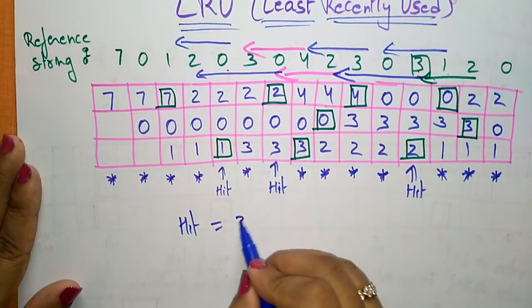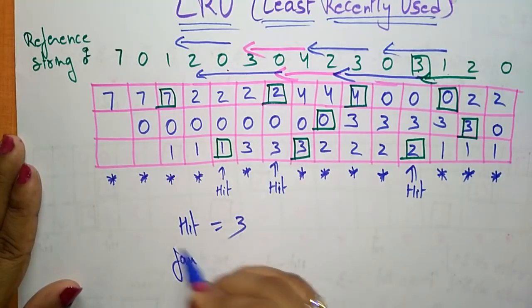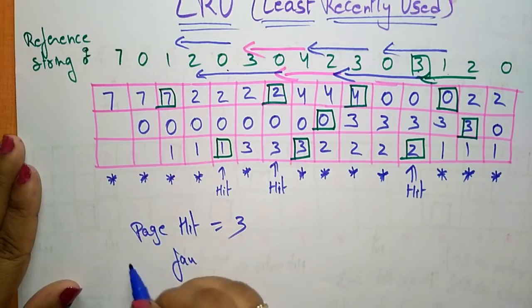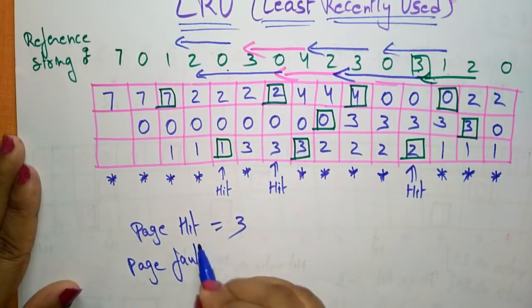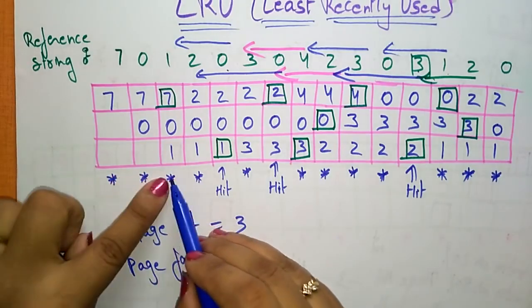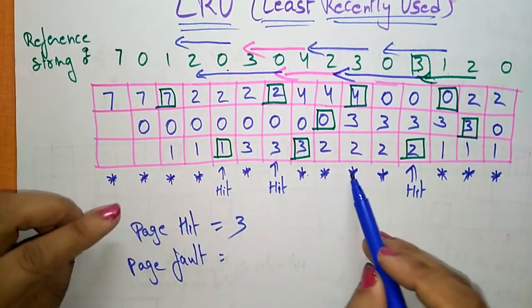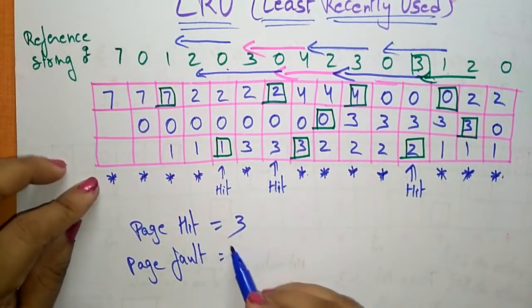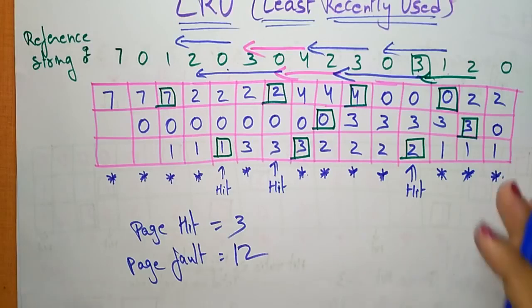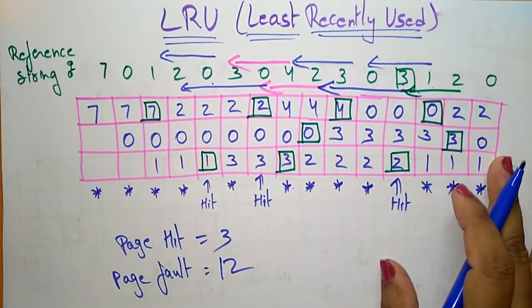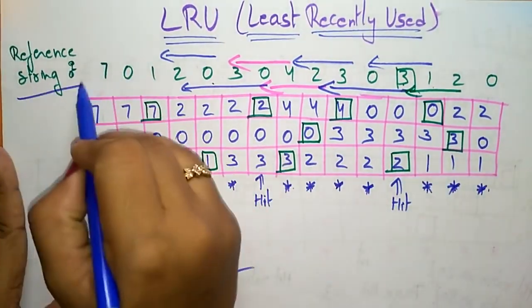Hits are 3, and the page faults are 1, 2, 3, 4, 5, 6, 7, 8, 9, 10, 11, 12. So 12.